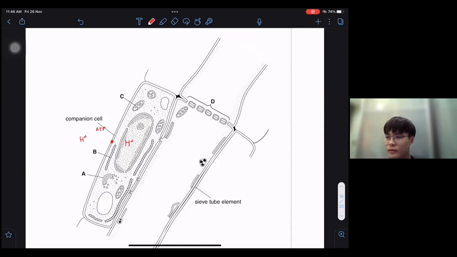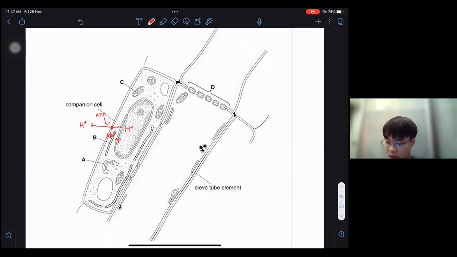When you transfer from a lower concentration to a higher concentration, this is active transport and you require ATP. So this ATP will break down into ADP plus phosphate, and this phosphate will bind to the proton pump to allow the H plus ions to actively transport out of the companion cells.